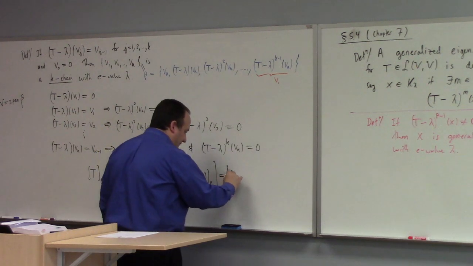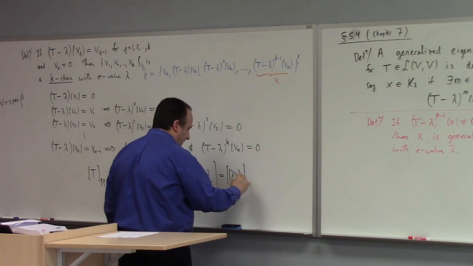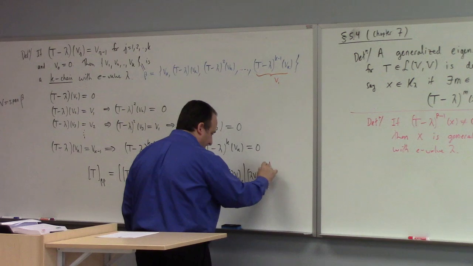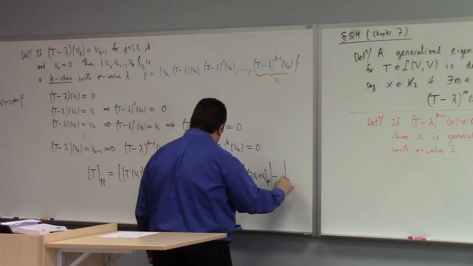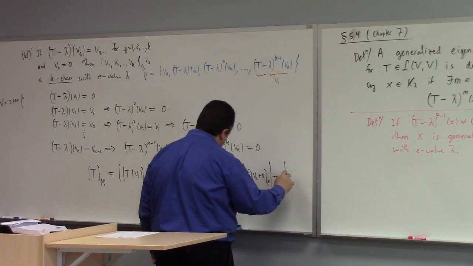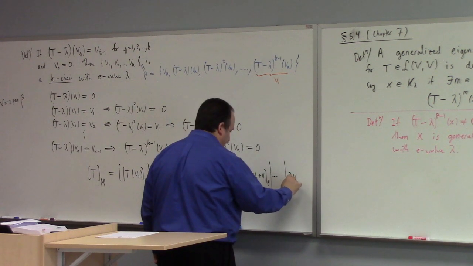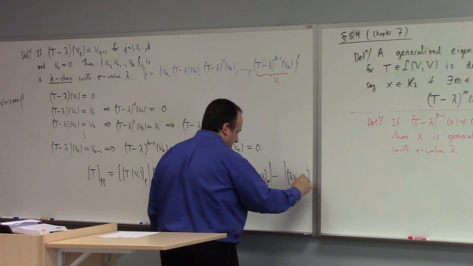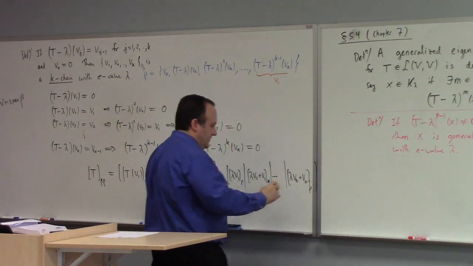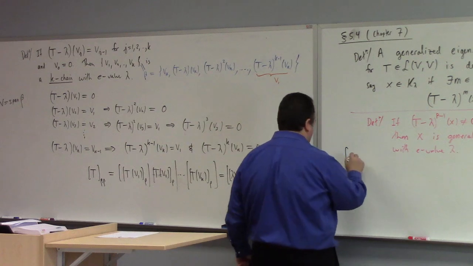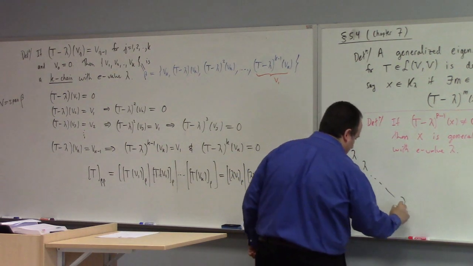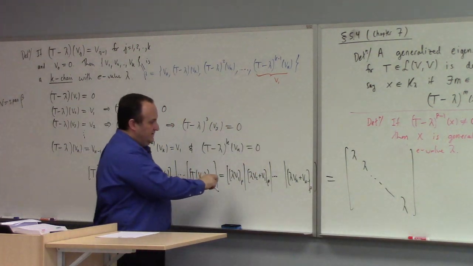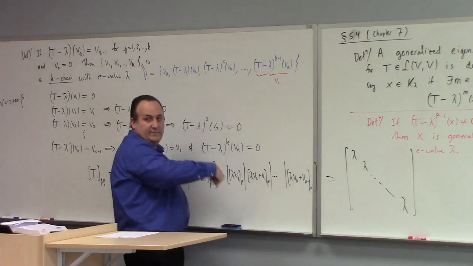Well, that is lambda v1, and then lambda v2 plus v1, and so forth and so on until finally we get to lambda vk plus v(k minus 1). Beta coordinates of that, which I'll write out here. So what you're looking at is lambda, lambda, lambda, all down the diagonal. And starting at the second column, I've got a 1 right above it.